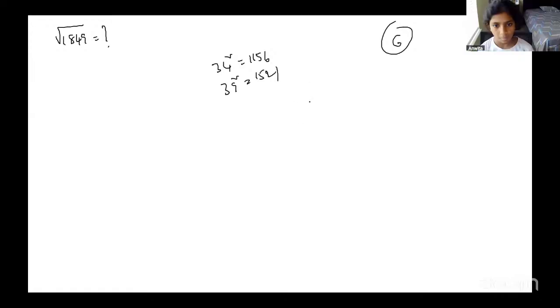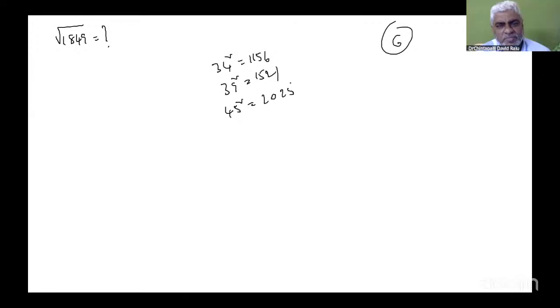Okay, sir. 45, sir? 45 square 2025. 43, sir? 43 square correct only. 1849.